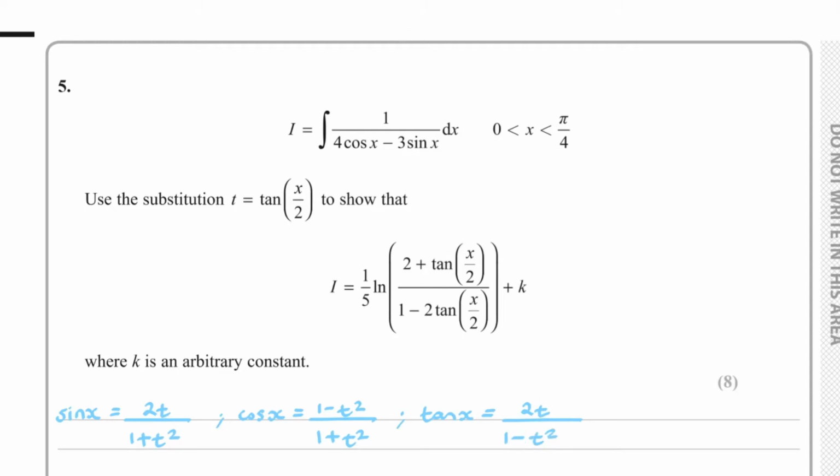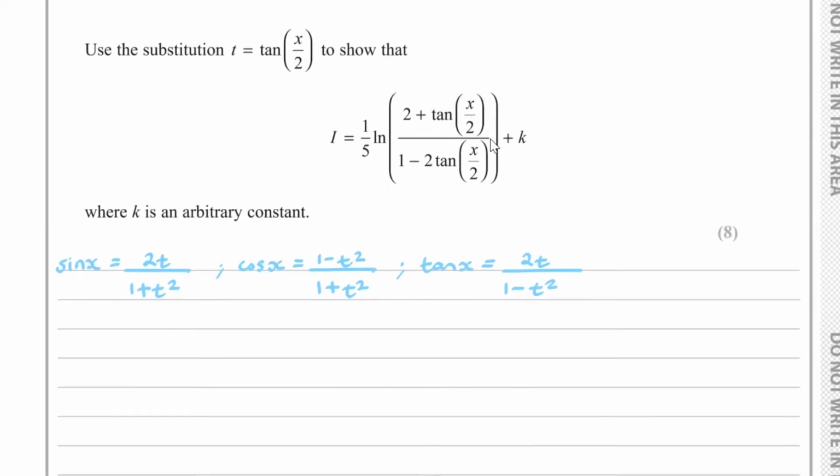Now the next thing we need to do is put everything in terms of t. Hopefully that should be quite obvious from the question. But before we do that, we need to replace the dx with something involving t's. So let's do that in a different colour.